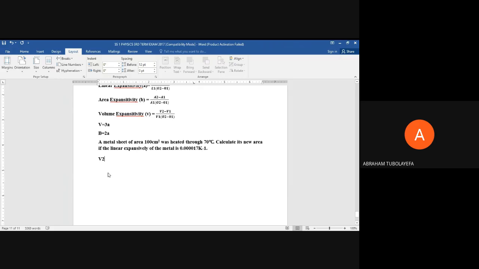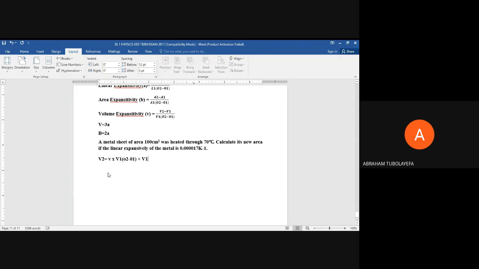V2 will be equal to the volume expansivity, which is supposed to be gamma, times V1, times theta 2 minus theta 1, which in this case is 70. Theta 2 minus theta 1, plus V1.